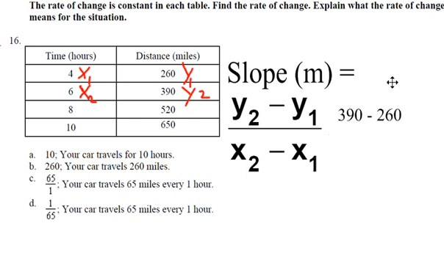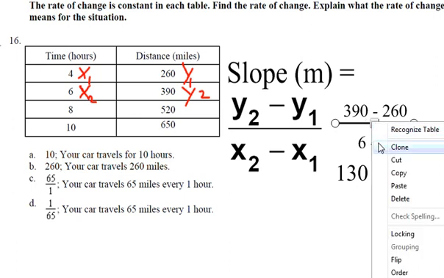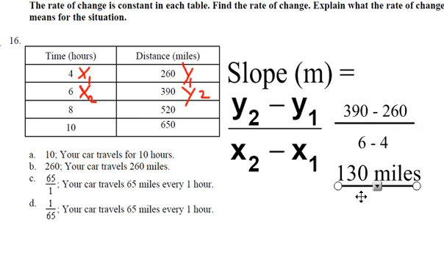So I'm just going to substitute those in. Then I am going to substitute my x2 minus x1. My x2 is 6. My x1 is 4. So what I get is 390 miles minus 260 miles is 130 miles over 6 hours minus 4 hours is 2 hours.